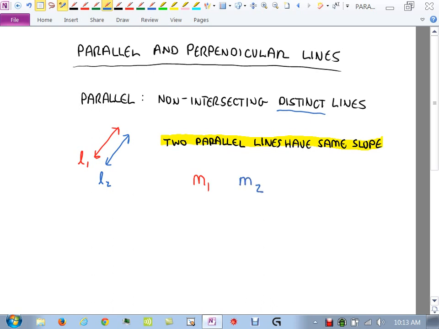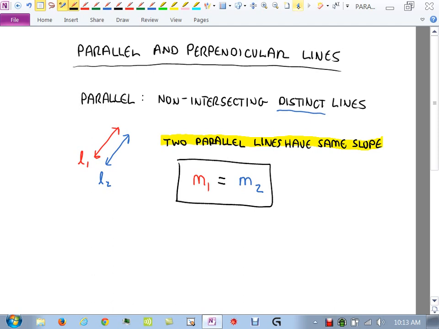Then how would those two be related? How are M1 and M2 related? They're the same, aren't they? So we say they're equal. Whatever the slope of the first line is, it must be equal to the slope of the second line. If that's the case, then we can say they're parallel. Is that all right?